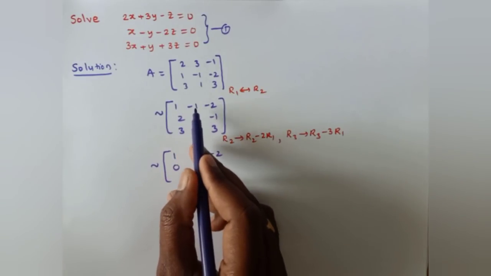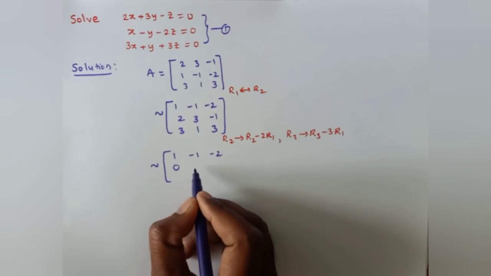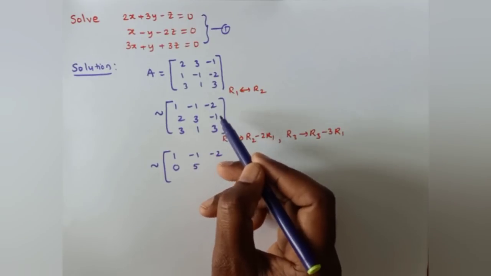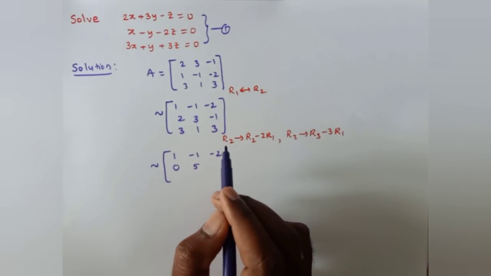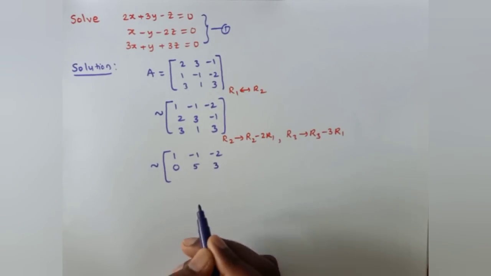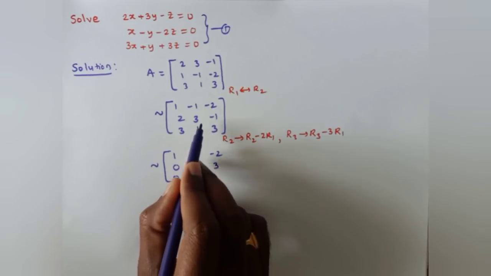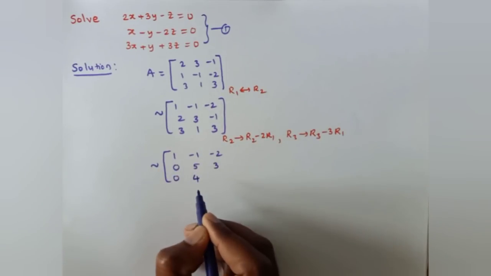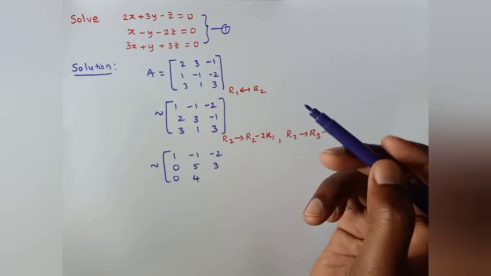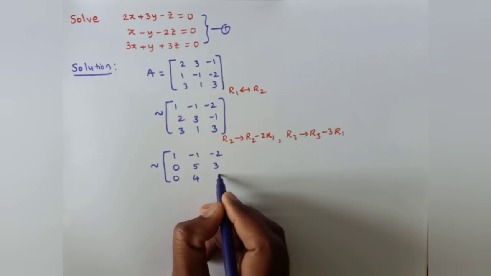Next, 3 minus 1 into minus 2, that is plus 2, so 3 plus 2 is 5. Next, minus 1 minus 2 into minus 2, so it is minus 1 plus 4, that is 3. Next, 3 minus 3 is 0, 1 plus 3 is 4, and 3 plus 6 is 9.